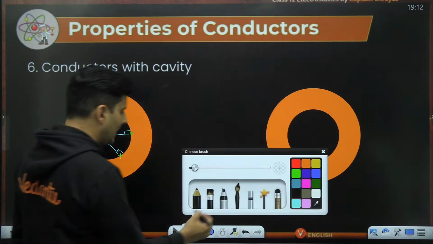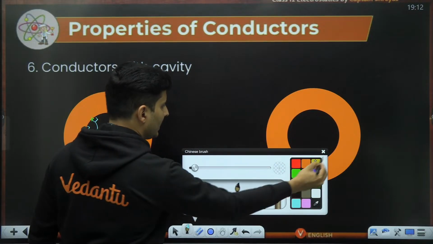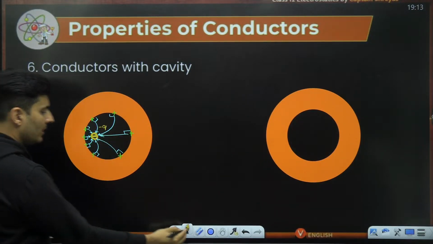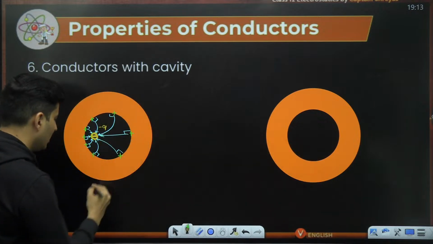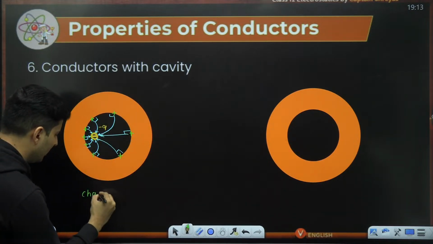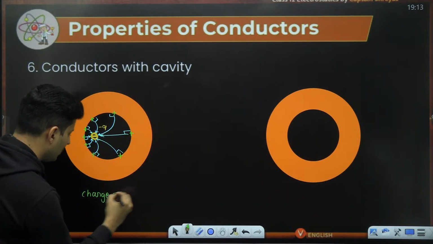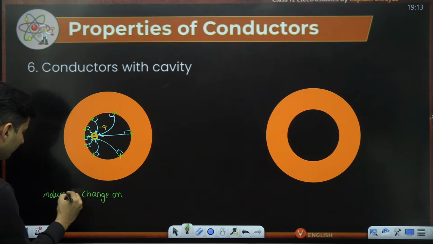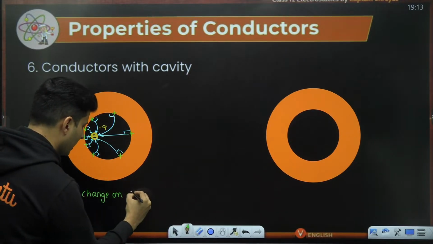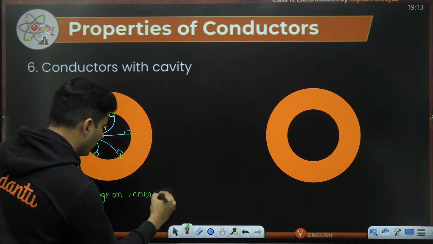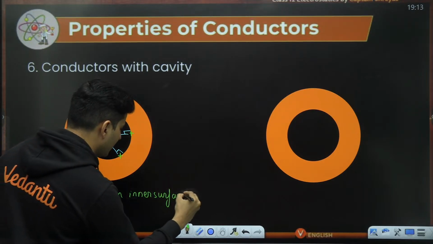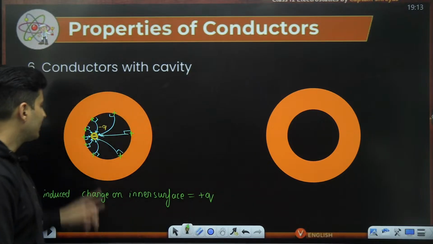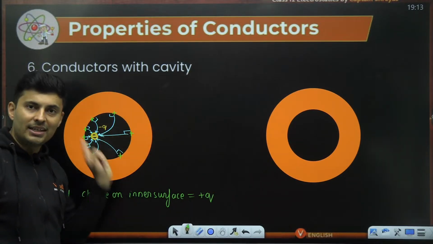If the inside charge is, let's say, negative Q, the induced charge on the inner surface is going to be exactly positive Q. It's exactly going to be opposite in nature.